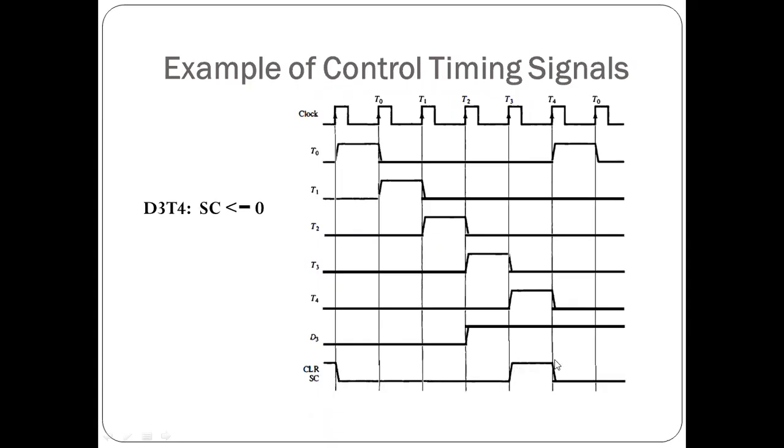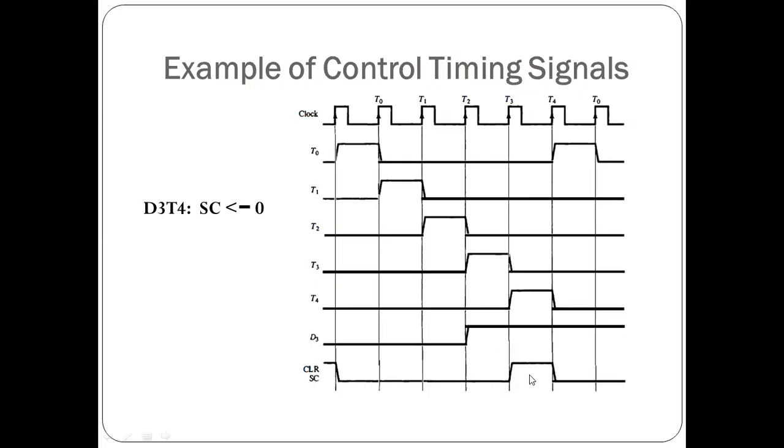CLR, clear. So when this has to be cleared, of course, the condition is during D3 and T4 time. If your decoder output D3 is 1 at the time instant T4, whenever these two are 1, then in that time I want to clear the control sequence counter, so I can give this clear input as 1.